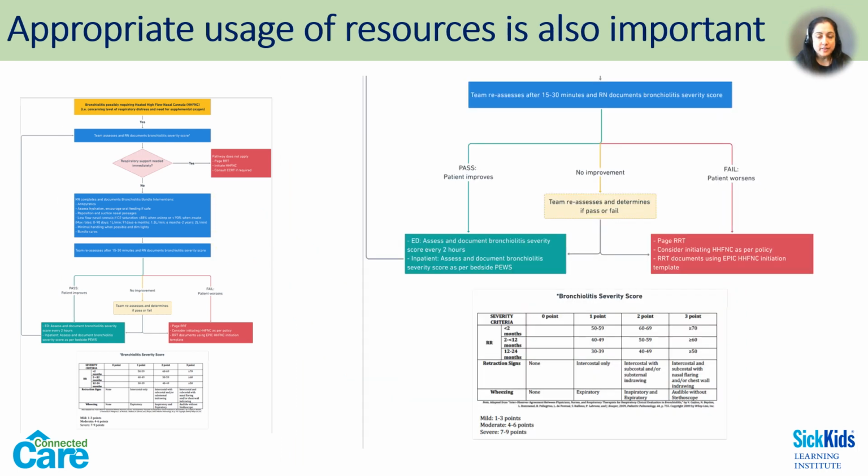So after doing this scoring, if they tolerate low flow nasal cannula with mild work of breathing with a mild to moderate score, you don't actually start high flow nasal cannula in this group of patients.